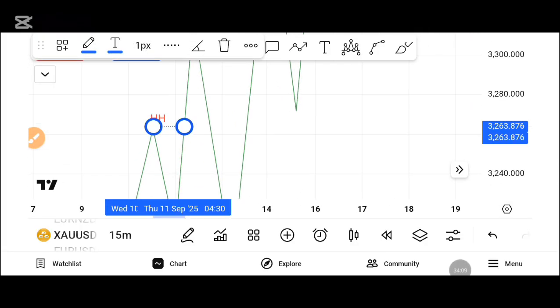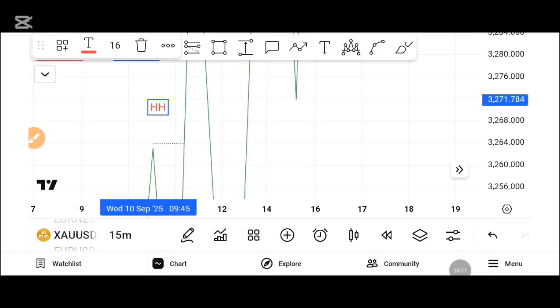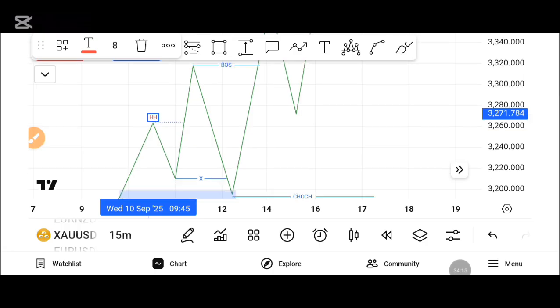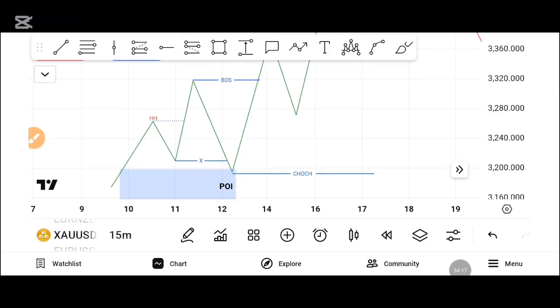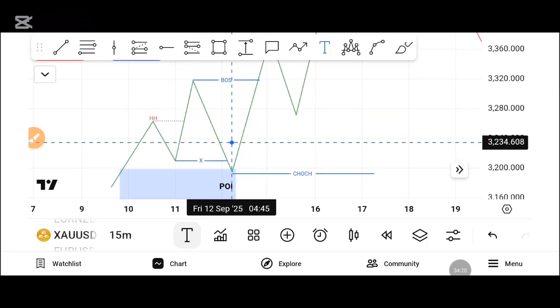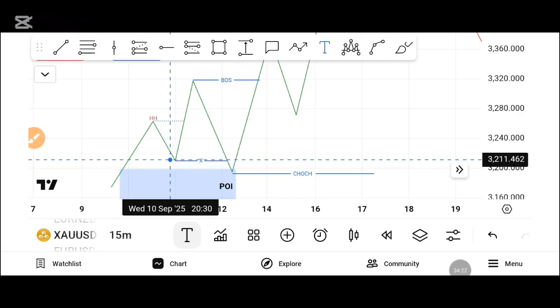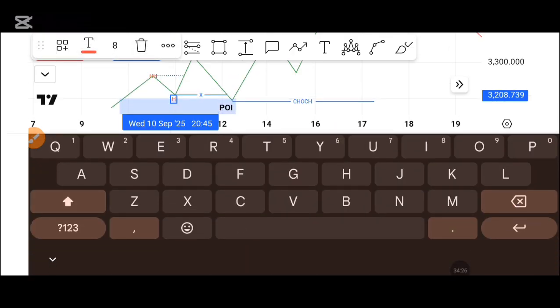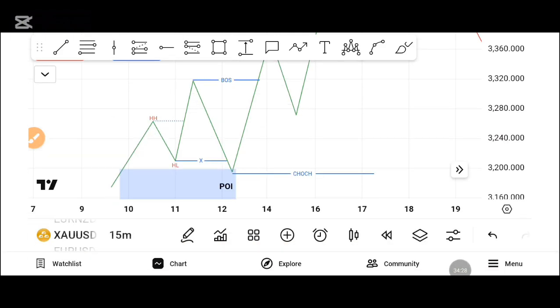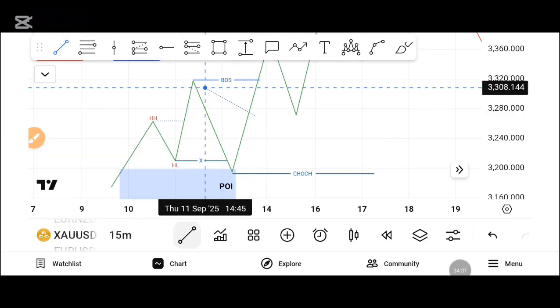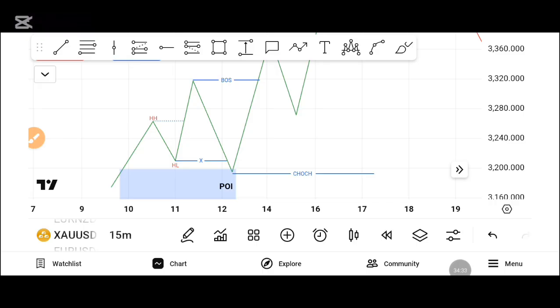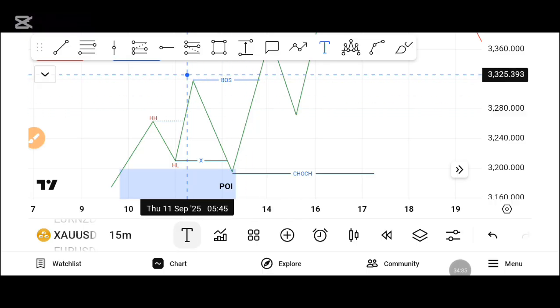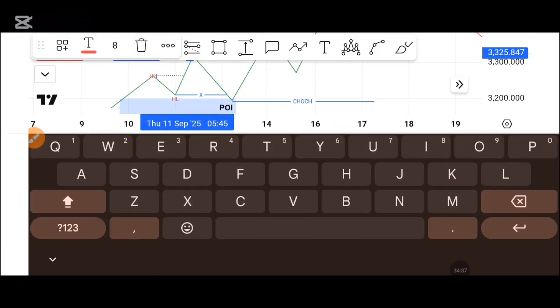This is our high here, and we have our higher low here, and we have a new high here.